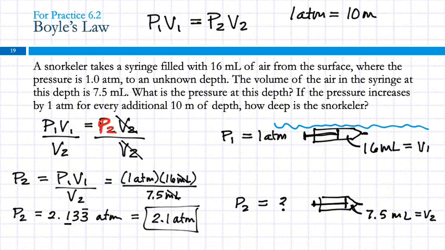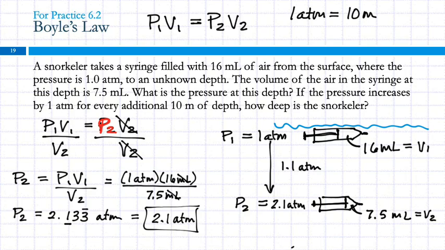I'm going to fill this in now because we know what it is. Yeah, it increased by 1.1. So the difference between these two is 1.1 atmospheres. That's how much it increased. This is telling me that it increases 1 atmosphere for every 10 meters.